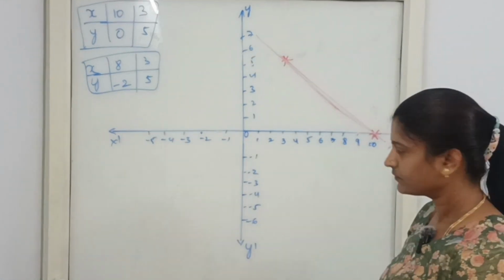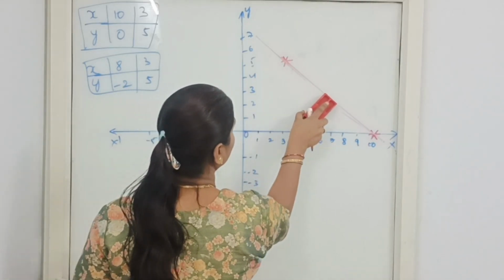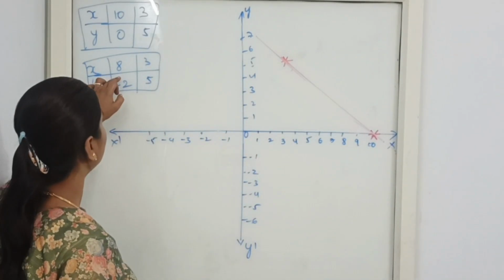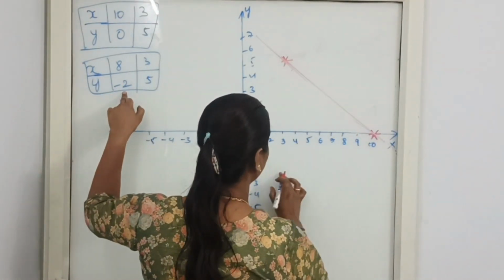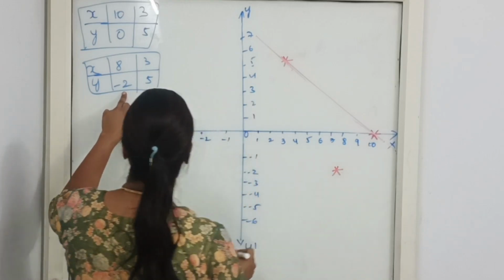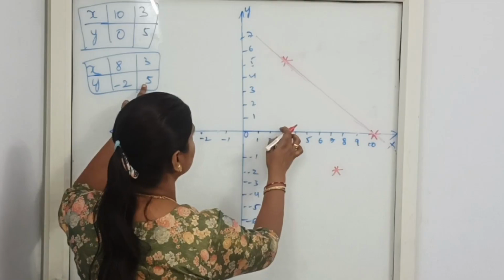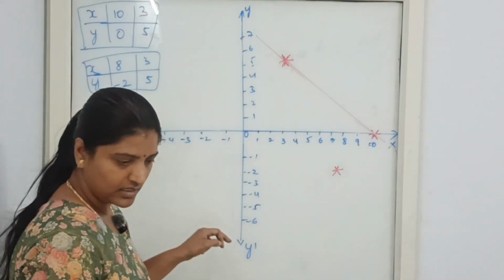Okay. And the next points are, if x is equal to 8, y is minus 2. And if x is equal to 3, y is plus 5. This point only, is it not? Join them.